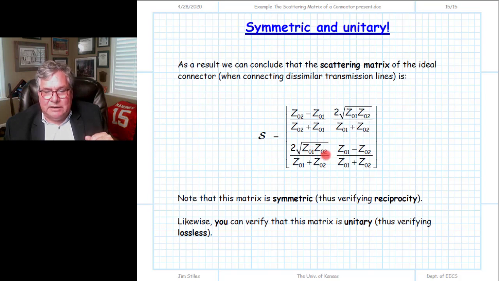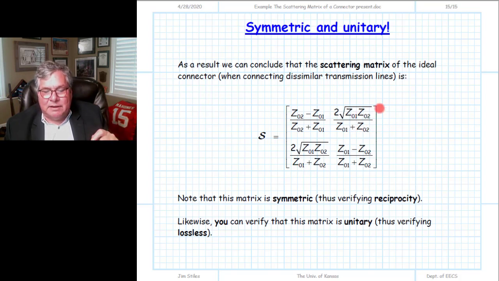If these two things are equal to each other, then if we do the math, this will be equal to 1. We'll get 2 times the characteristic impedance here divided by 2 times the characteristic impedance here. Of course, the numerator and denominator are the same, and therefore we get a value of 1, and by reciprocity we get the same value here.